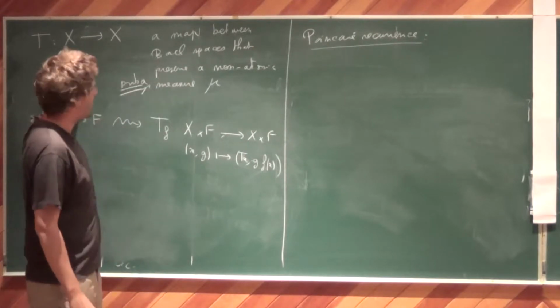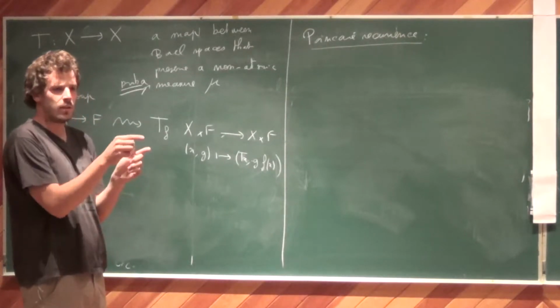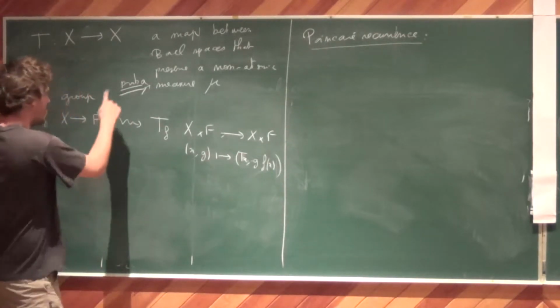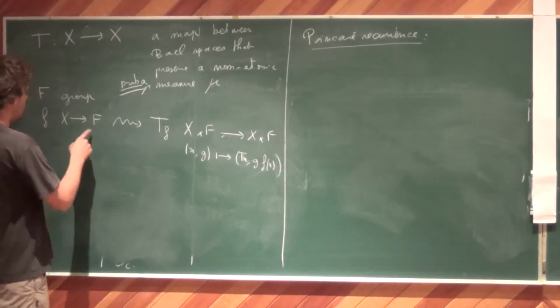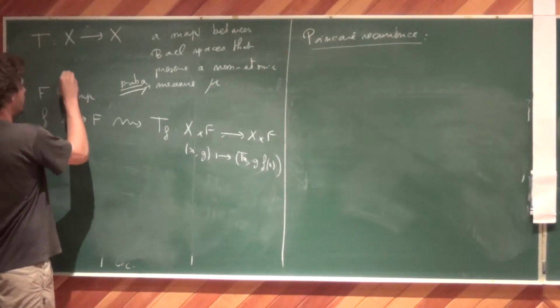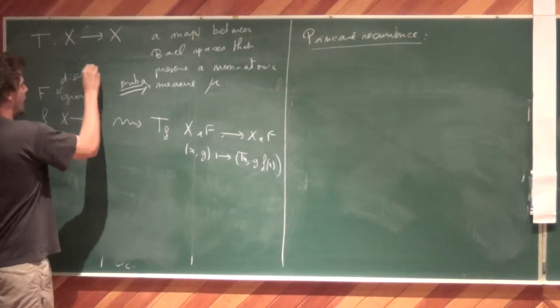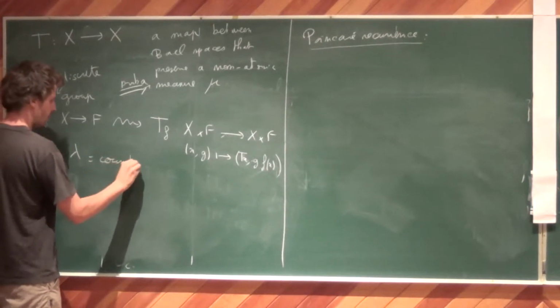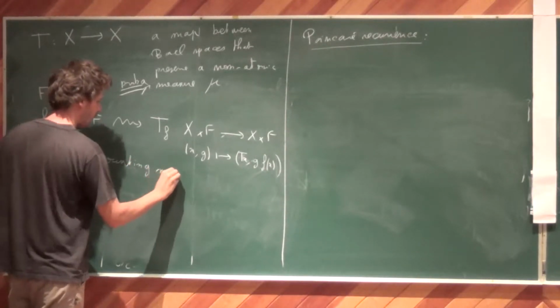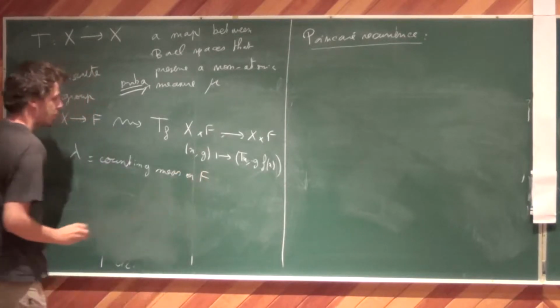I want this measure on X to be finite. My interval is finite, so the Lebesgue measure on it is finite, and I can scale it to be a probability measure. And what I did not mention, F will be a discrete group, and on this discrete group I have a counting measure on F. So everything is about measures.